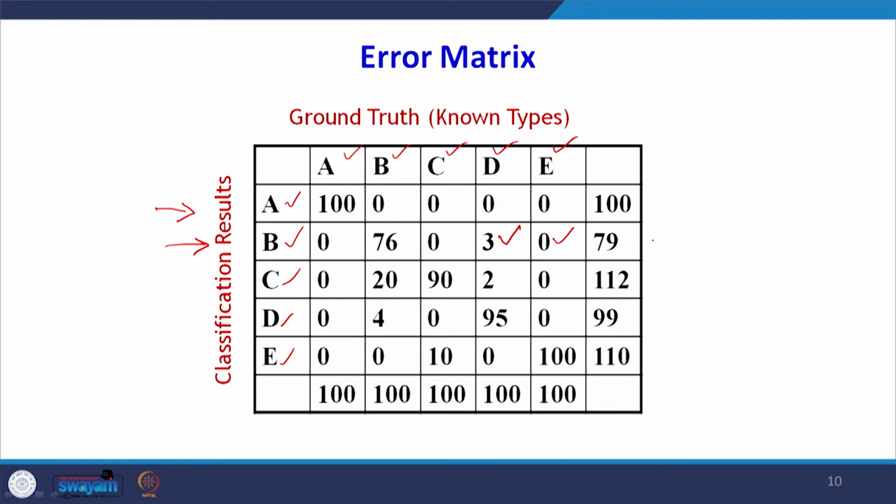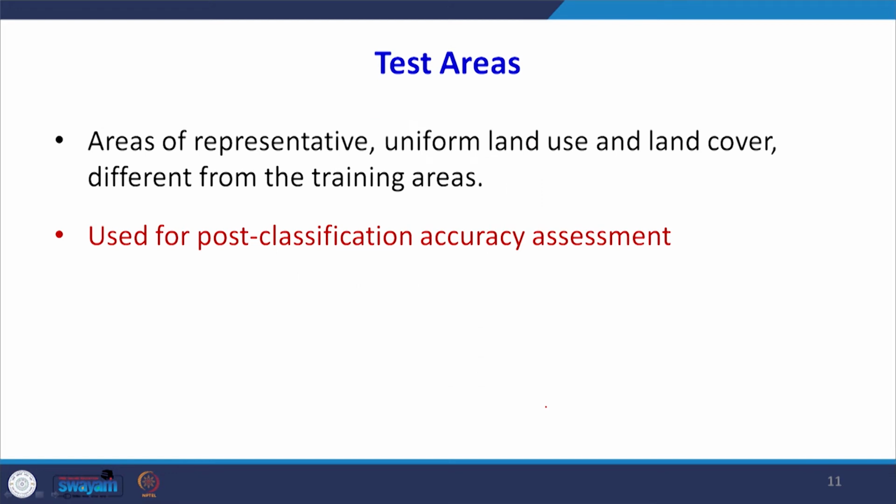So, a total of 79 pixels are there in the classification reference data, and a total of 112 pixels are there in the classification result data. So, you can see the number of pixels in the classification result, and from the ground also you can see how many pixels are there for each class. If I know that matrix, the rest is calculation, which is very simple.